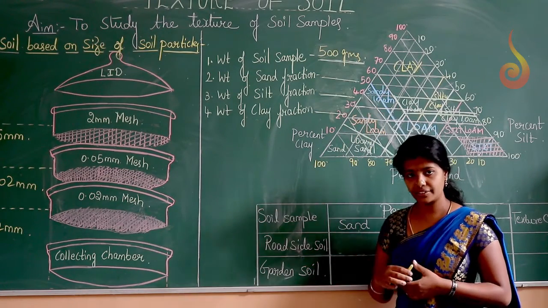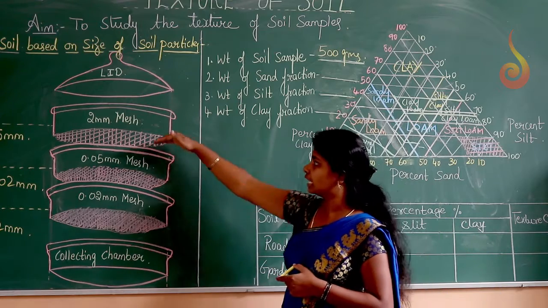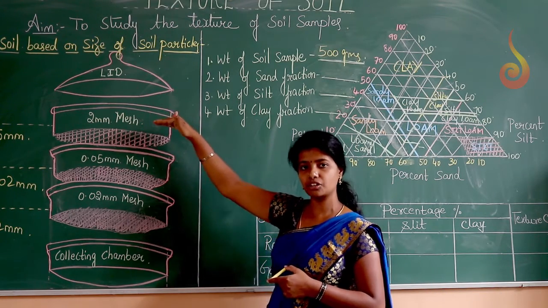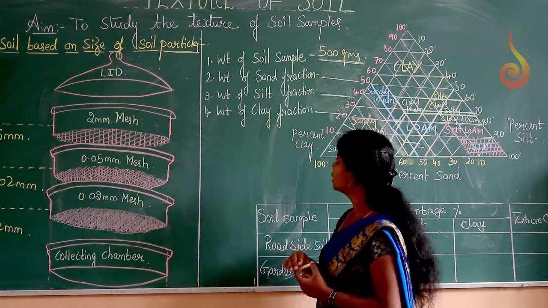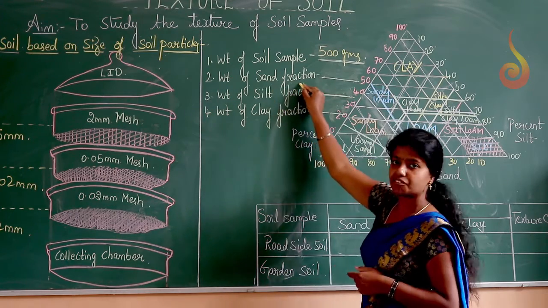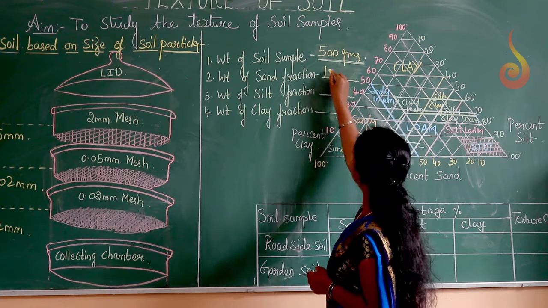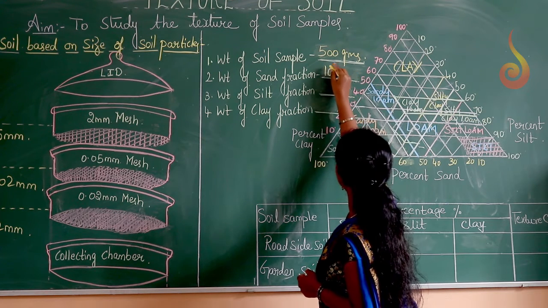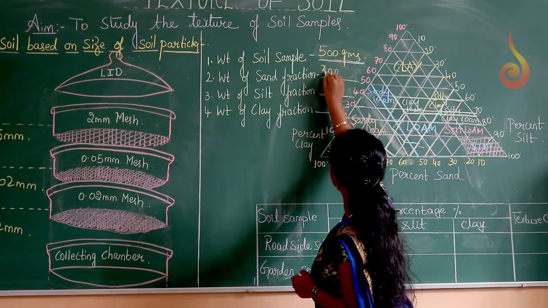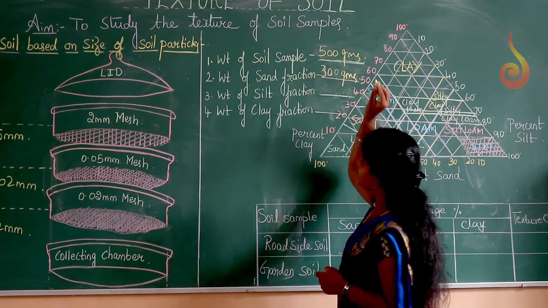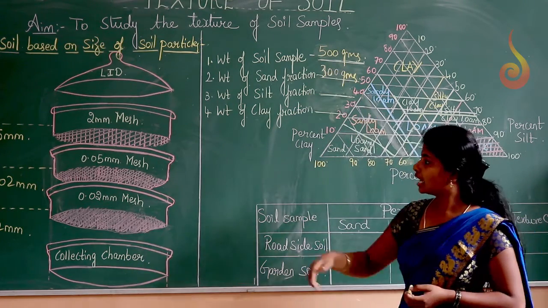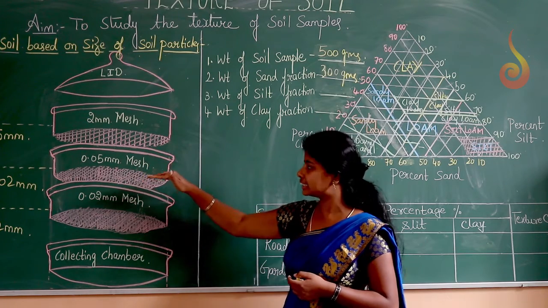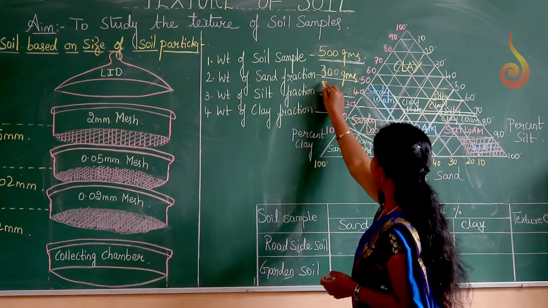Out of 500 grams, for example, in the sand mesh we have collected around 300 grams of soil fraction. Then silt: the weight of the soil fraction collected in the silt mesh, say 100 grams.